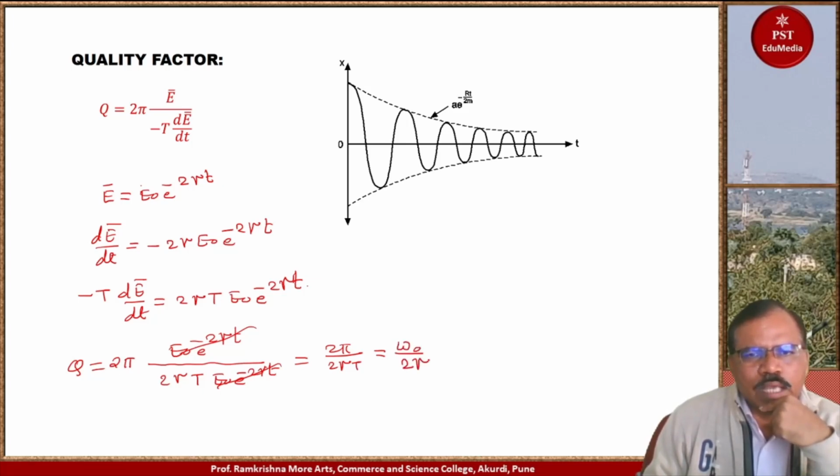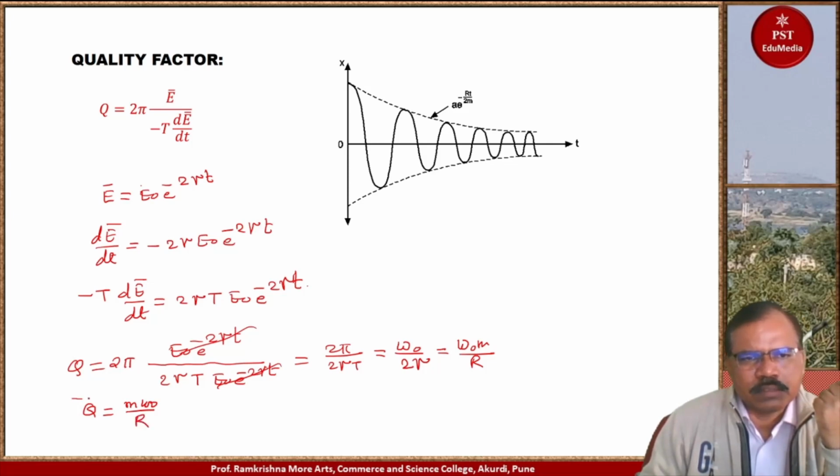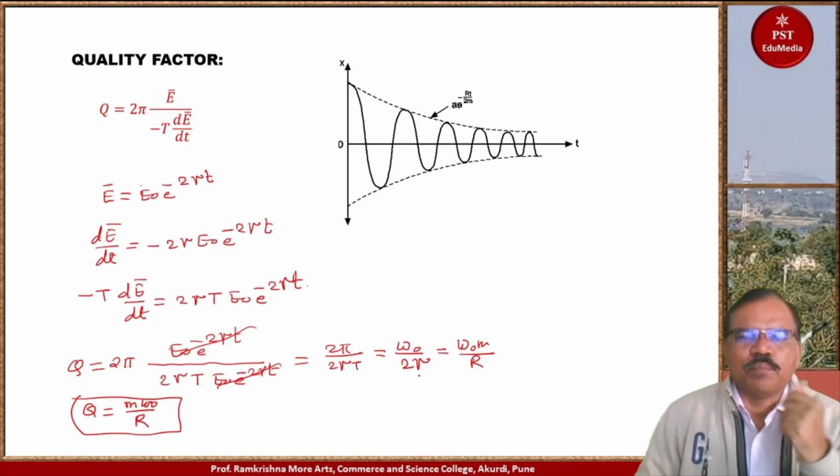So it is omega 0 upon 2 gamma. And we know gamma is R upon 2m, so omega 0 m upon R. So this is the quality factor: m omega 0 upon R, or omega 0 upon 2 gamma.